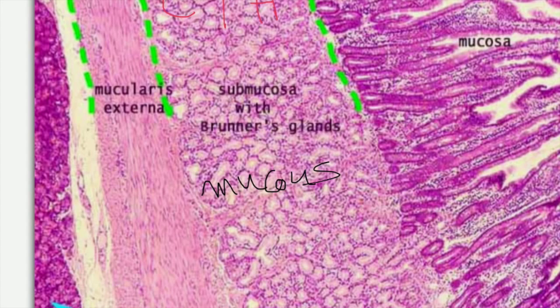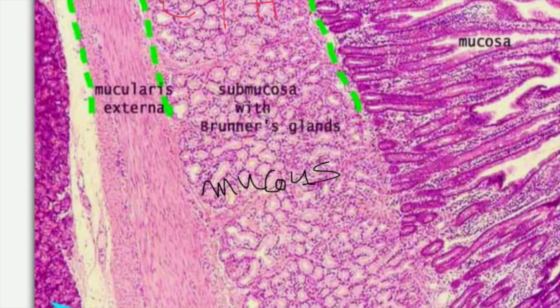They open where? They open in the base of the crypt to add their mucus to the secretion of the crypt. So these are the possible three questions about these Brunner's glands, and they are only present in the duodenum.